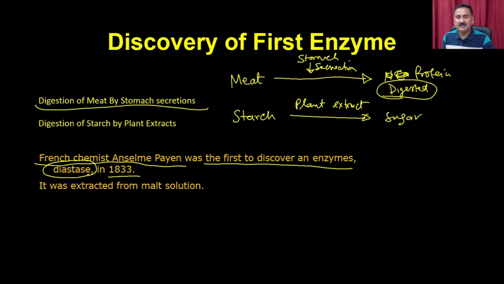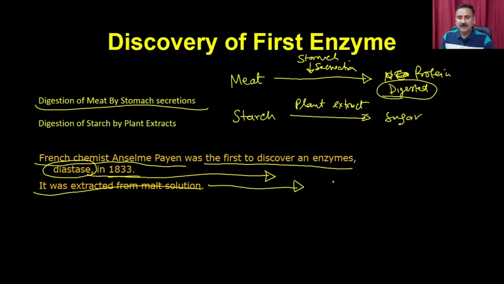Diastase is a digestive enzyme which can convert food into simple molecules, and it was extracted from malt. Today also we take diastase, which is present in most digestive tablets or digestive syrups, and that helps in the digestion of food.